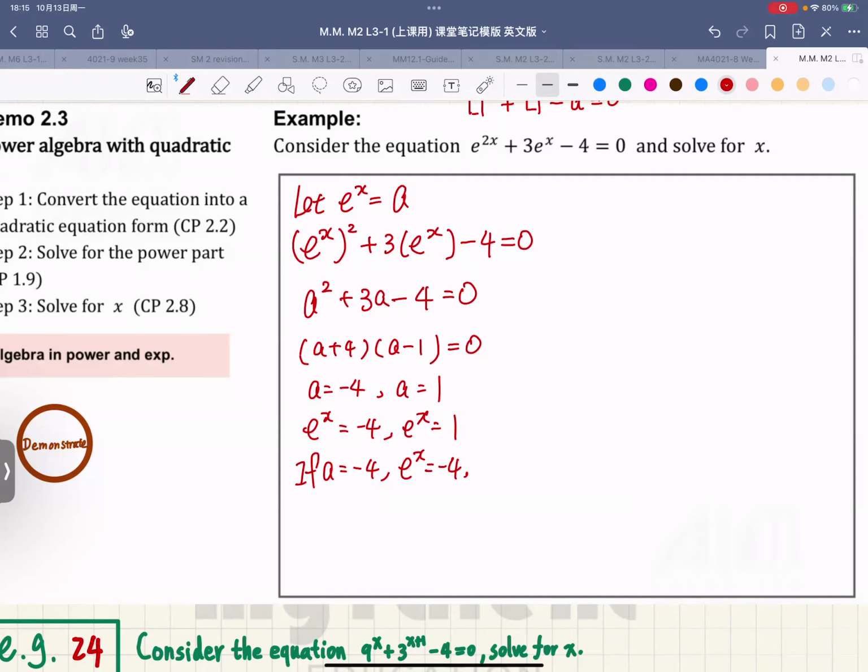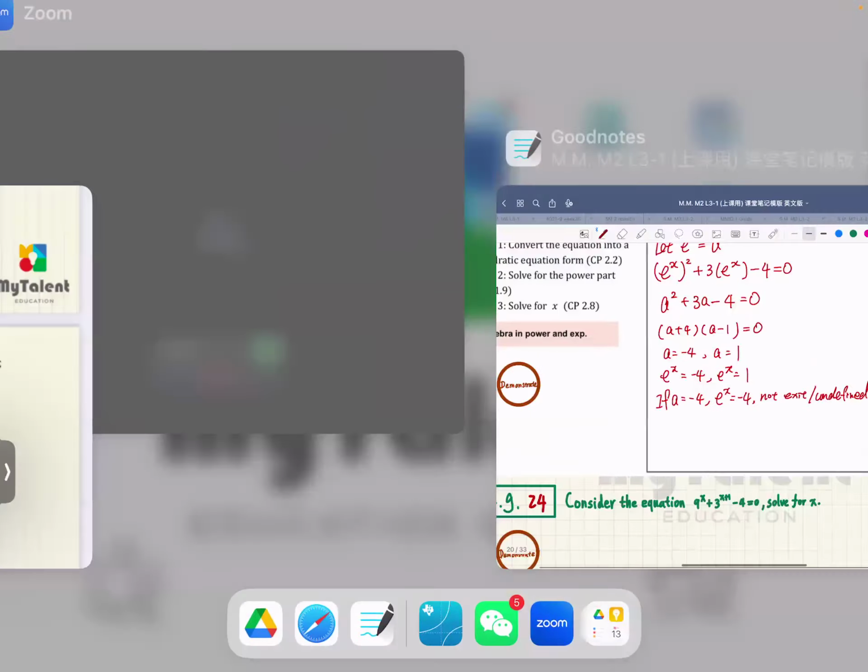This one does not exist, or I can say undefined. Why? Because let's see the graph.